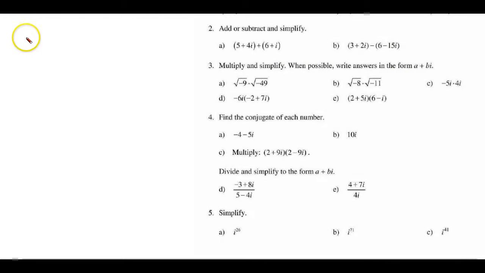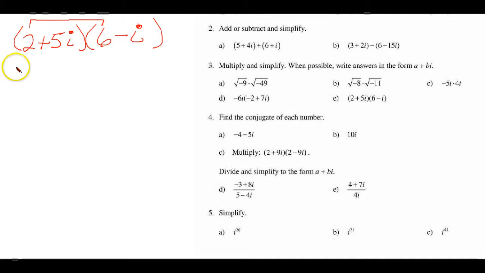All right, letter E now. 2 plus 5i and 6 minus i. And what do you think we're going to do here? We're going to FOIL. So, going back to our FOIL, this is a 12.